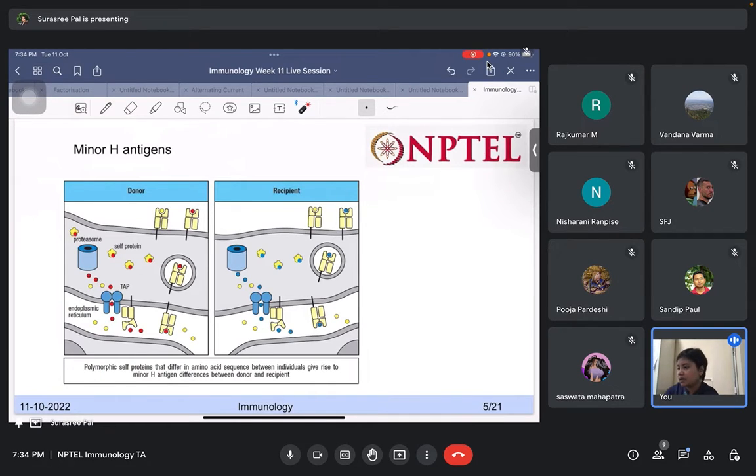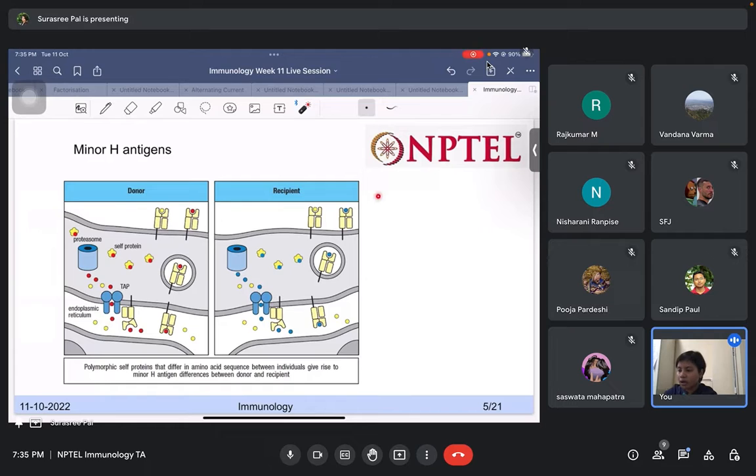So here you can see that suppose this red protein and the blue protein, these are actually polymorphic proteins. They are the same proteins, but in the donor and the recipient, they have slightly different amino acid sequences, right? Because of that, when this red protein and the blue protein are expressed on their cell surfaces, they will be recognized as different antigenic peptides, right?